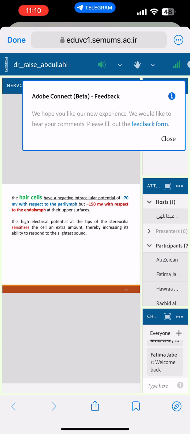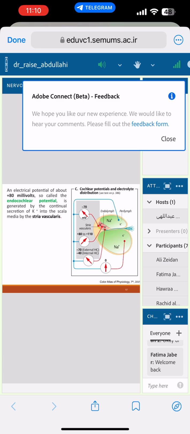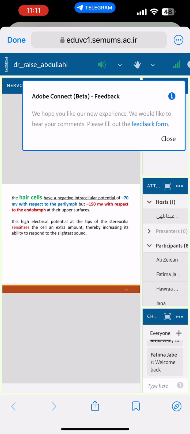Okay, this is important, pay attention that as I told you, we have an endocochlear potential of about positive 80 millivolts in the endolymph fluid, and again, the hair cells have a negative intracellular potential of about minus 70 millivolts with respect to the perilymph.